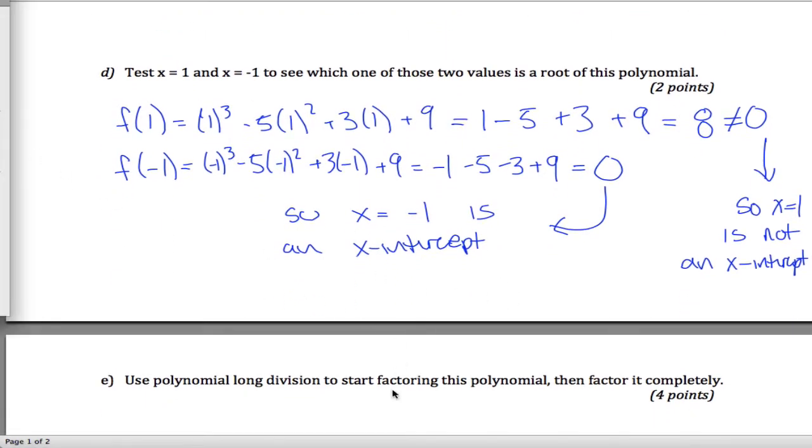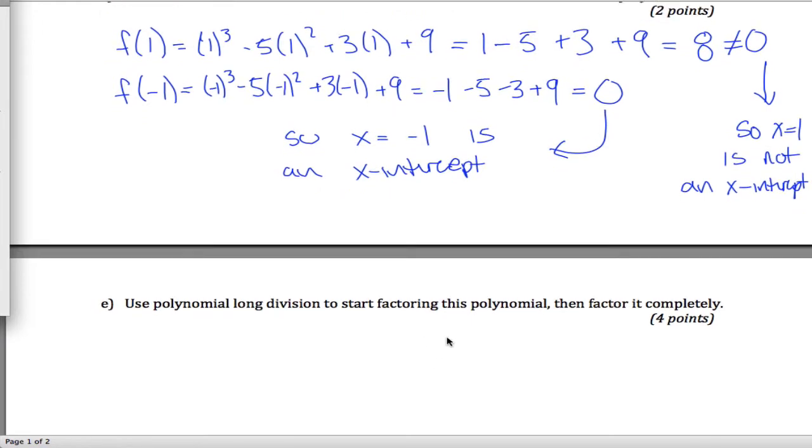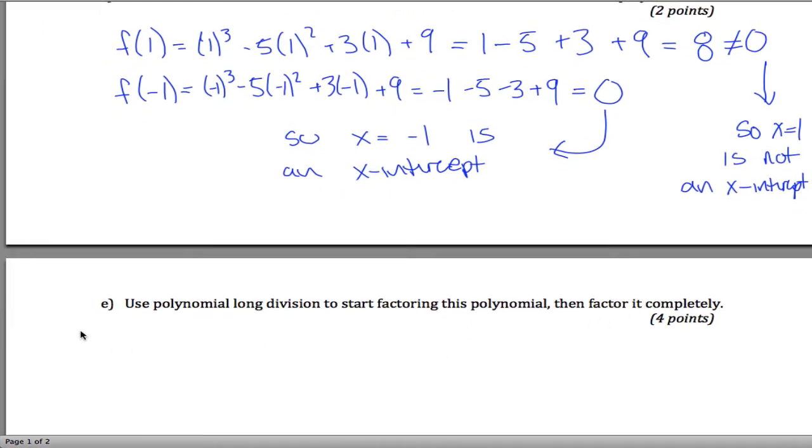Moving on, use polynomial long division to start factoring this polynomial, then factor it completely. So if x equals -1 is a root, an x-intercept, then x plus 1, x minus -1, is a factor.